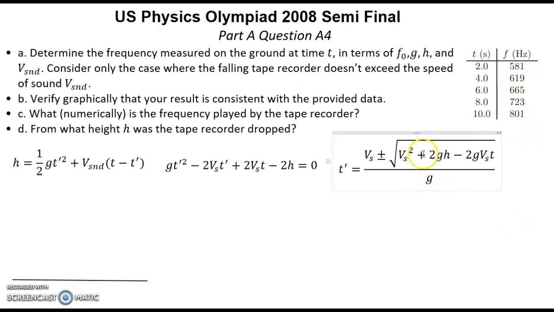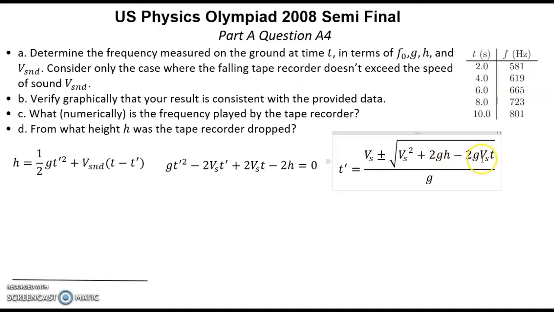And look at this formula. Here we have v sound square plus 2gh minus 2g v sound t. So in time t, the sound travels almost the height h.